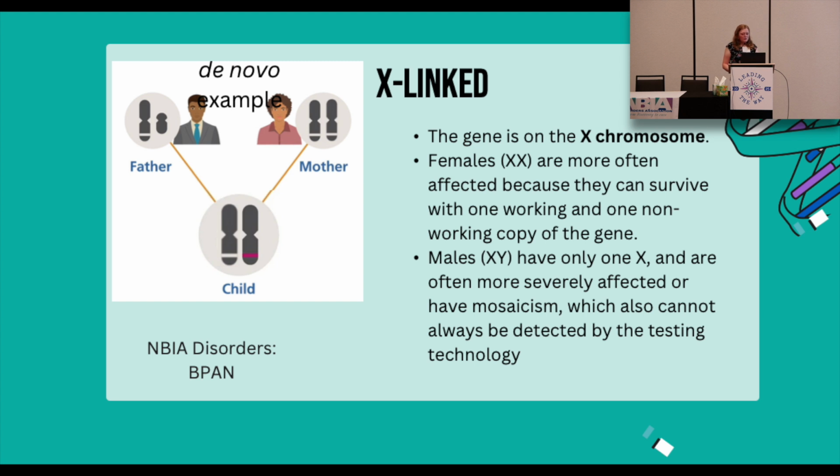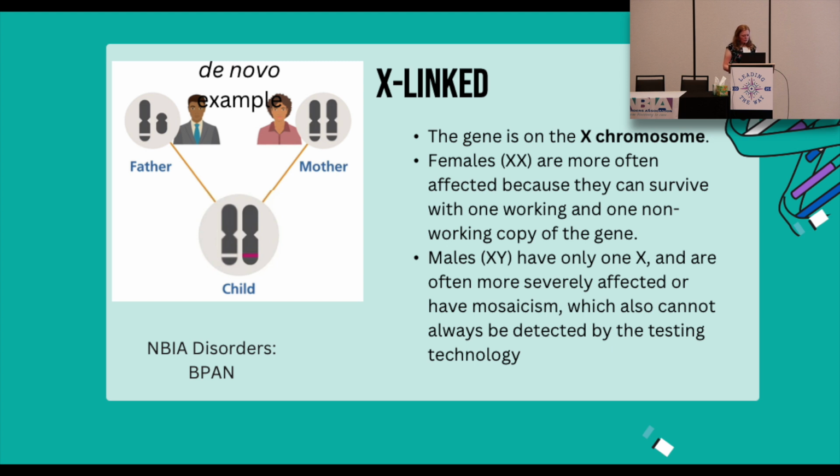It might not always show up on the test report because you're looking at the blood and maybe in their brain they have a lower level, but that kind of explains why there are fewer males than you would expect for a typical X-linked condition.